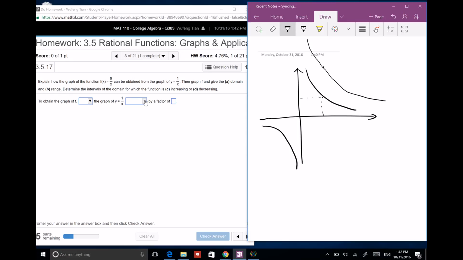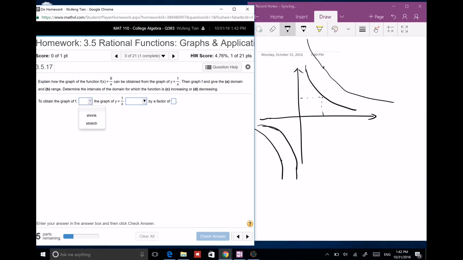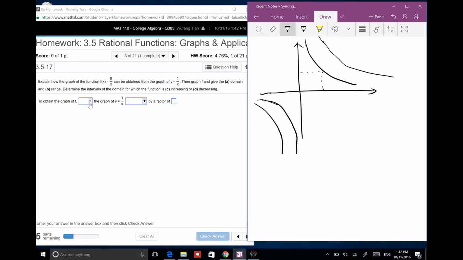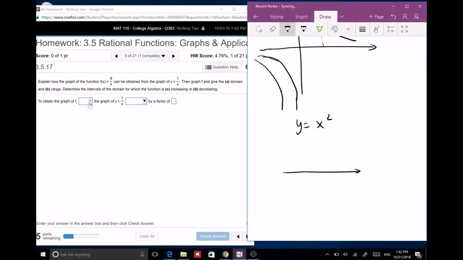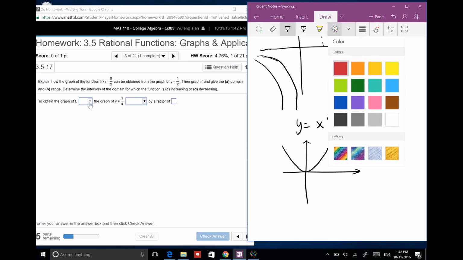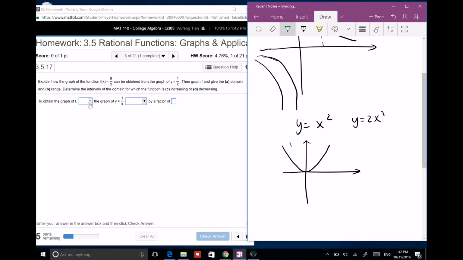But it still goes to infinity. You can use a graphing utility to graph this function to see what it means. If you're talking about this vertically, you can think about y equals x squared, which is much easier to look at. If you multiply by something, y equals 2x squared, it's going up a little bit, right?